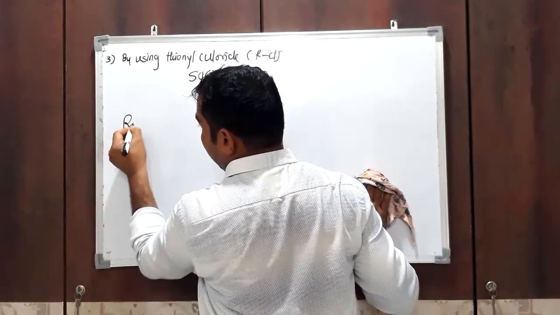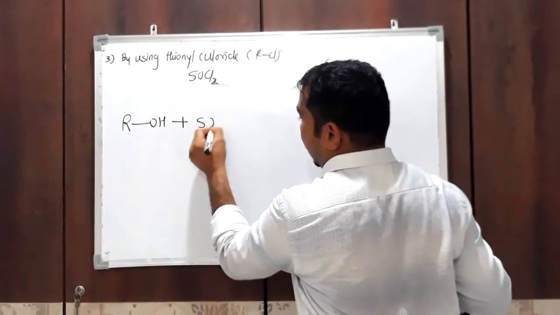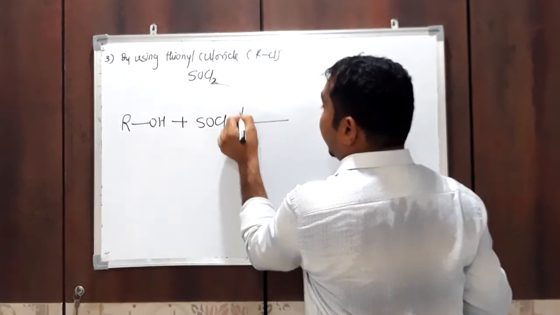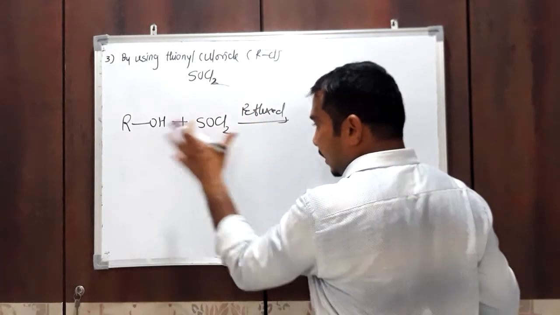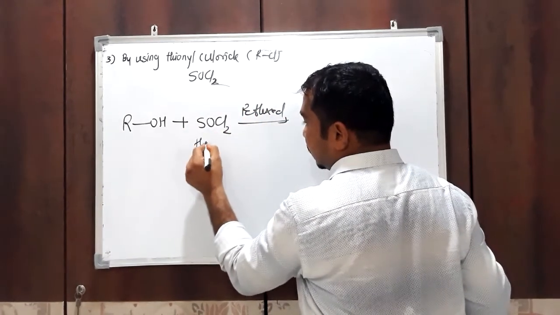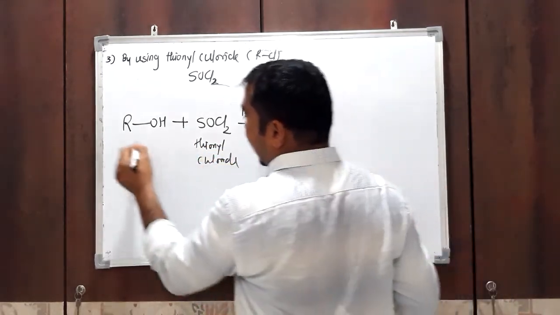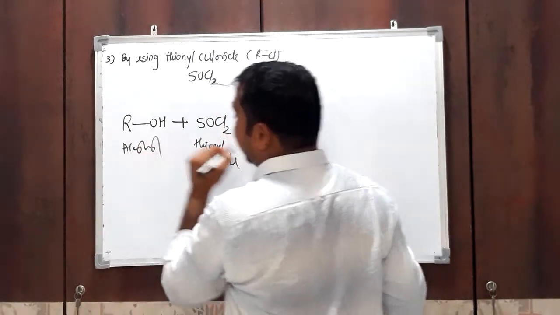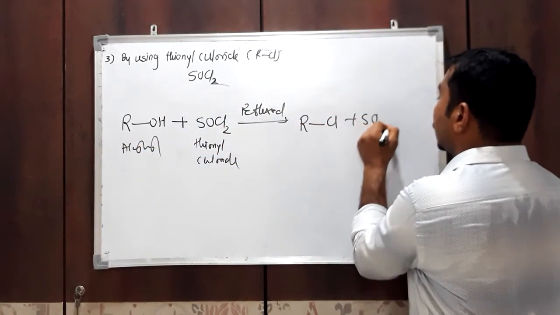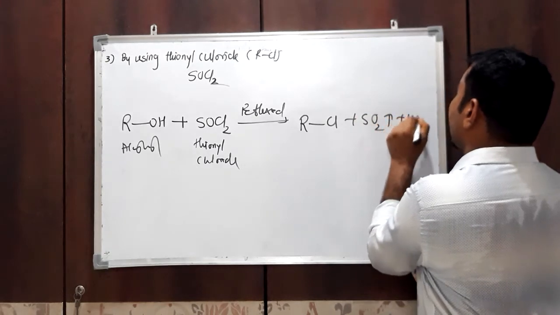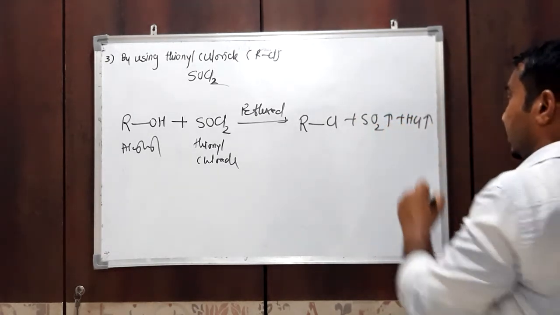Here also alcohol plus SOCl2, reflux. A very simple reaction, only alcohol and thionyl chloride refluxed together. RCl plus SO2 gas plus hydrogen chloride gas will evolve.